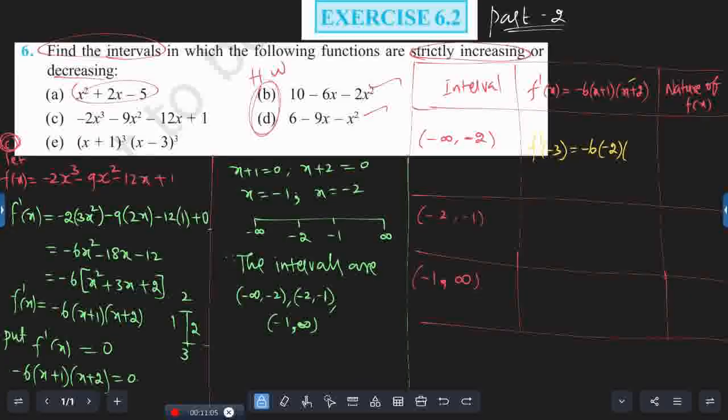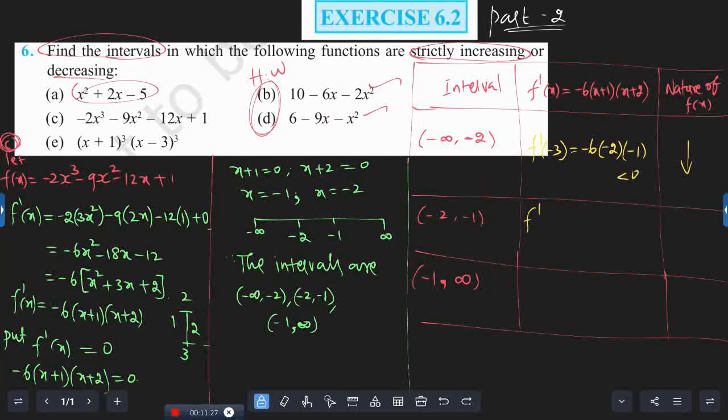And minus 3 plus 2, minus 1. So what will you be getting? Minus, we have 3 times minus. Is this greater than 0 or less than 0? This is less than 0, right? Less than 0, now what can we say? Decreasing. It's not necessary to multiply the value, just check the plus or minus sign alone.